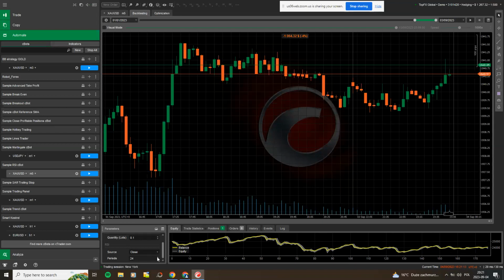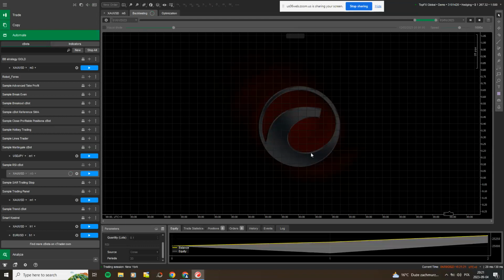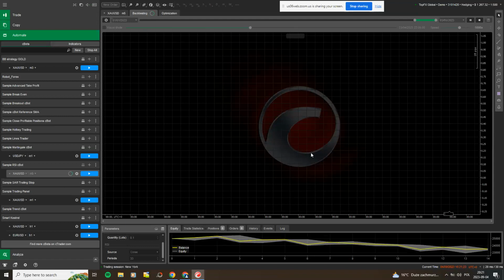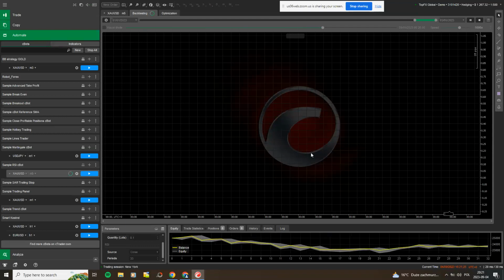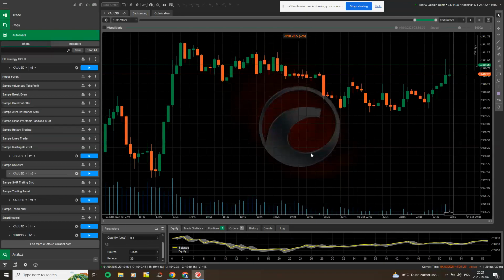So the higher we go, let's say we will add 33 periods. And now let's just switch. There will be fewer trades, but we might have some positive results. Minus 2.